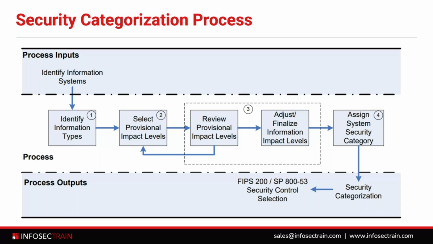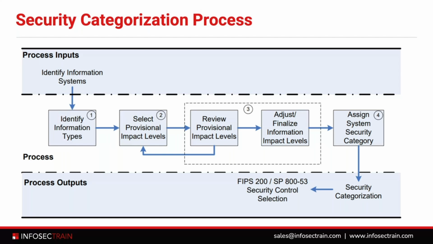Once we have that understanding in place, we adjust or finalize the information impact levels, and then we assign the security category to those systems. The more the impact, the higher the security category the system receives, on the basis of the FIPS 200 or NIST 800-53 security control selection.